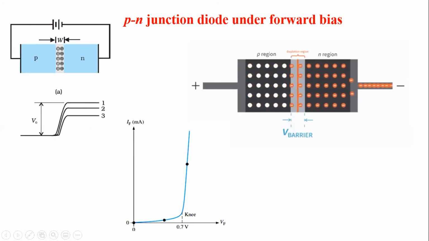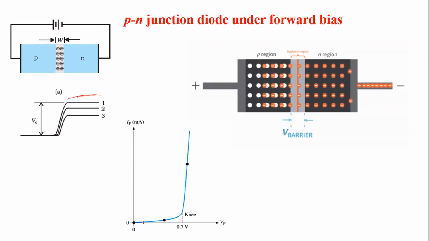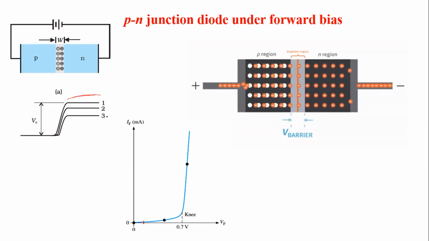When the voltage is small, say it's 0 at this point, the energy level may be much higher. When I supply 0.1 volt, slightly the energy level decreases due to the energy supplied to this region. And when it is, say, 0.5 volt, it will be like this.